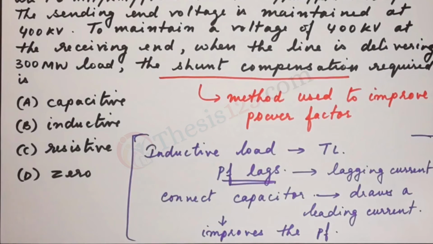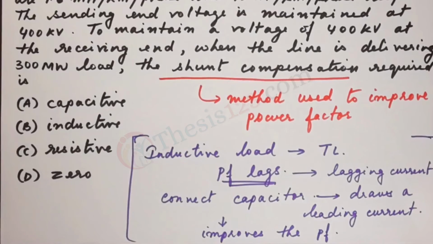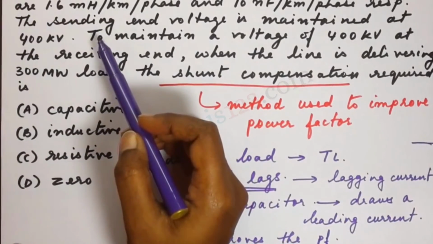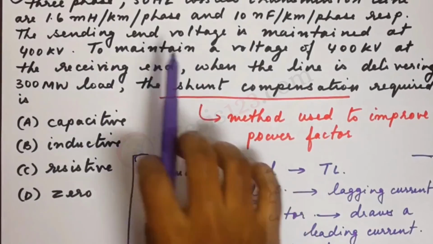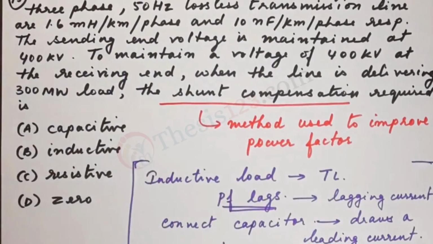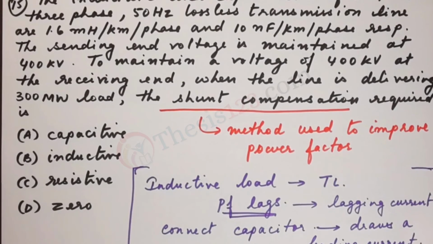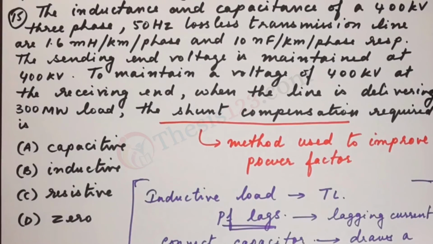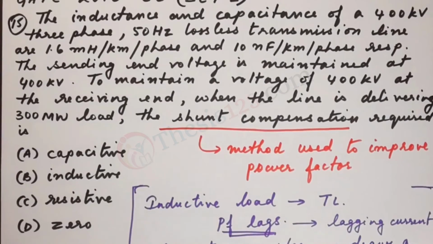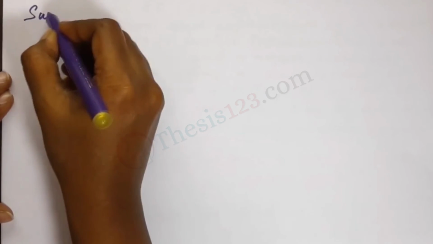Now let's look at the surge impedance of the system given. We have been given the inductance as well as the capacitance value, so we can find out what the surge impedance is. Let me just get another sheet of paper here. Okay, so let's calculate the surge impedance.